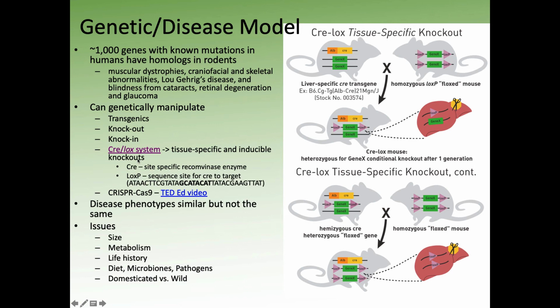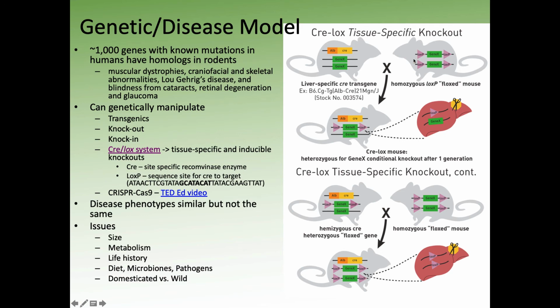You can do those too, where you can use a Cre gene, which is a site-specific recombinase, that should be a B, not a V, recombinase enzyme. And that Cre recombinase will interact with this LOXP site. LOXP is just a site-specific part where the Cre recombinase will target. And what happens is you have an organism that will express Cre in, say, a specific tissue like liver, and you have some sort of gene that you're interested in targeting.